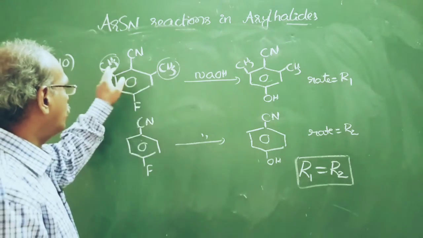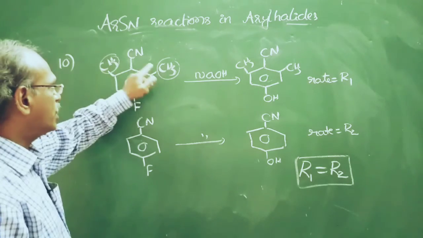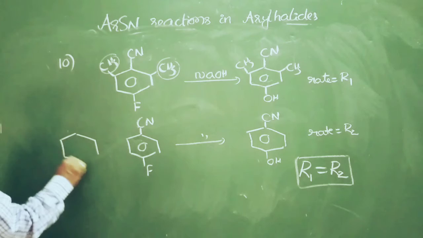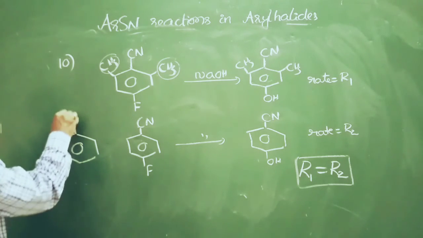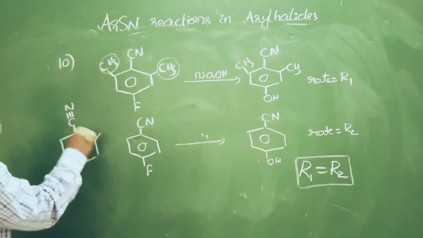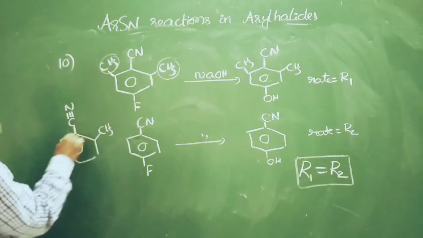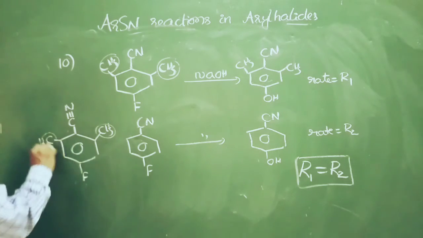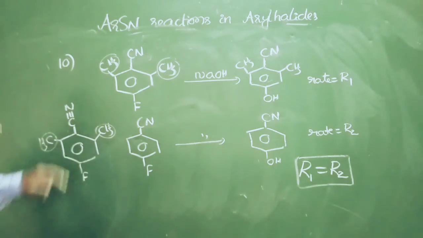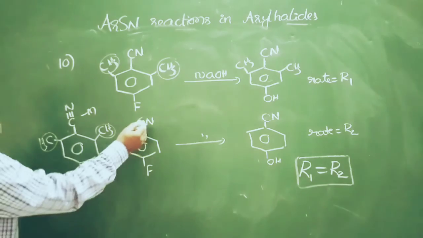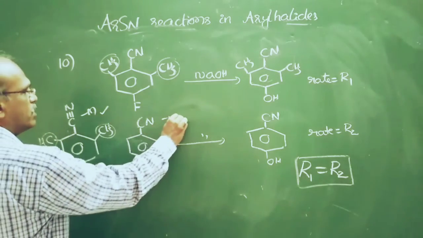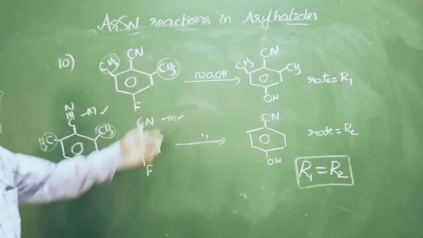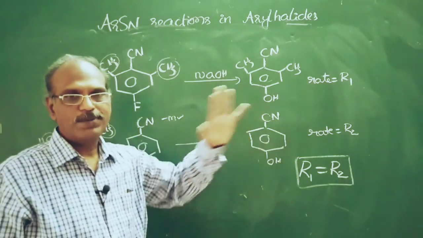Here, methyls have no steric influence on this, because if you look at the structure, CN is linear, and it has no steric influence. It is always in the plane of the benzene ring. Here it can show minus M effect, and here also it can show minus M effect. The influence is the same in both cases. So that's why R1 and R2 are the same.